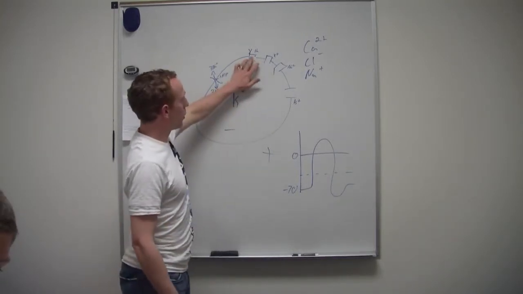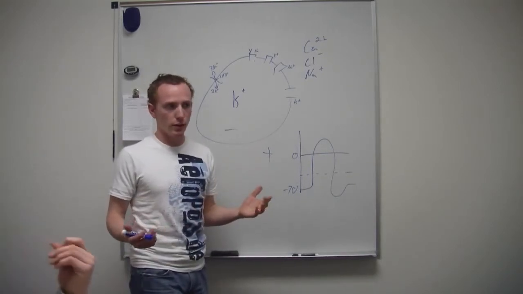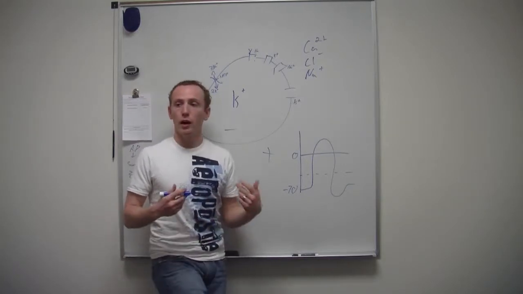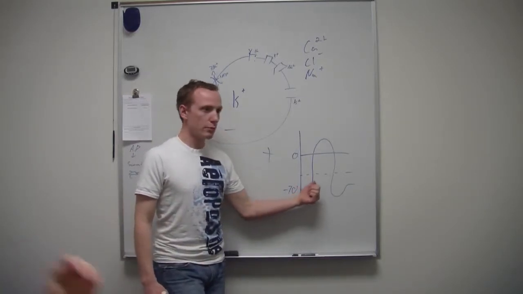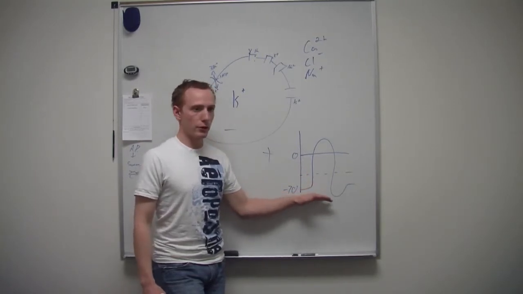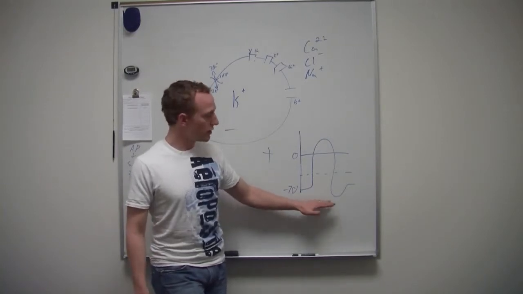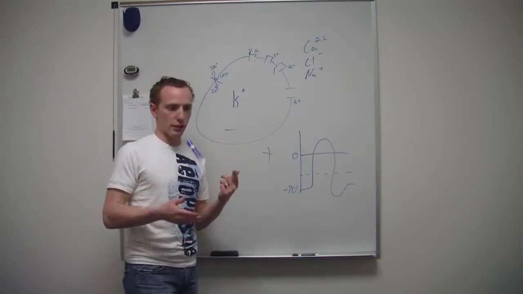So the sodium channel opens. Sodium's going to flow where? Inside the cell. That's going to cause the cell to become more positive or negative? More positive. Depolarization. So this graph is only talking about the charge, and it's easy to go step by step through this graph when you understand what it's talking about specifically.